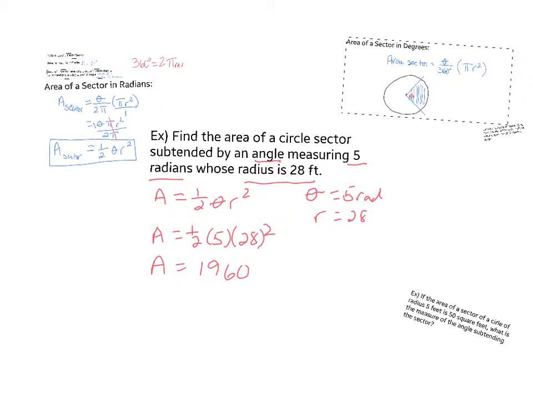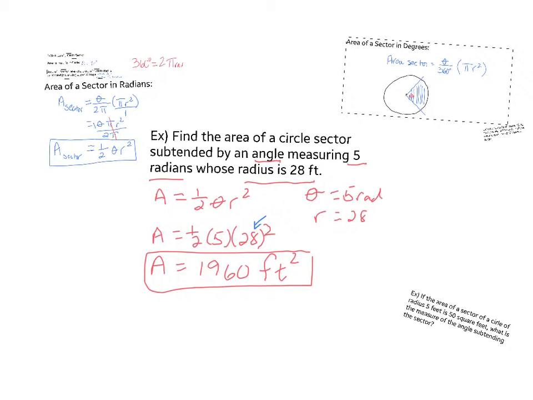The unit should be the same units as the radius, so I get feet, but it's area, and I did feet times feet in my units when I was in this step. That gives me feet squared. So my area final answer is 1,960 square feet is the area of that sector of the circle.